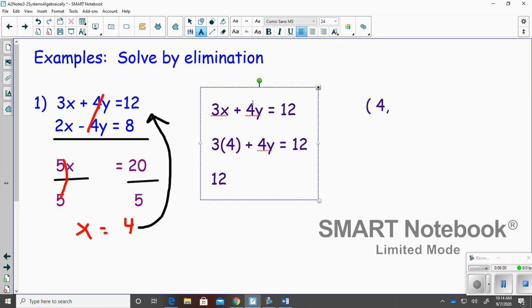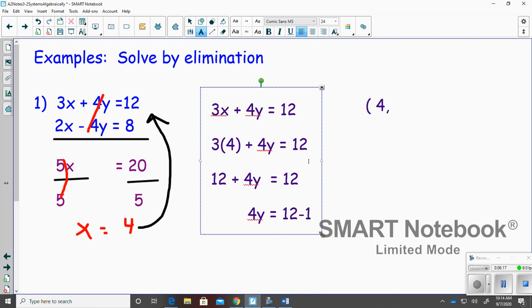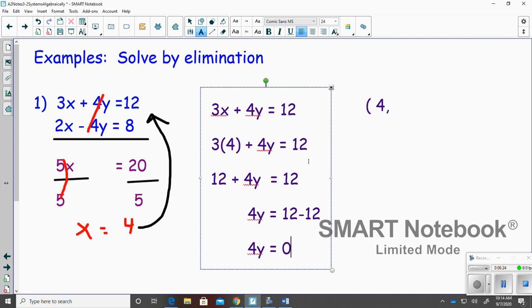3 times 4 is 12. Then you're going to solve for y. Drop your 4y down. And you're going to bring this 12 across the equal sign, change its sign. So now you're left with 12 minus 12. Okay, then we have 4y is equal to 0.